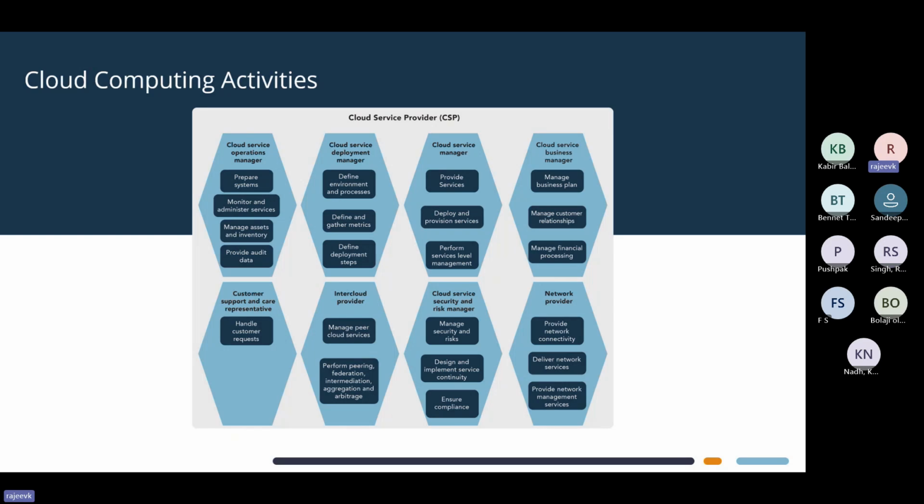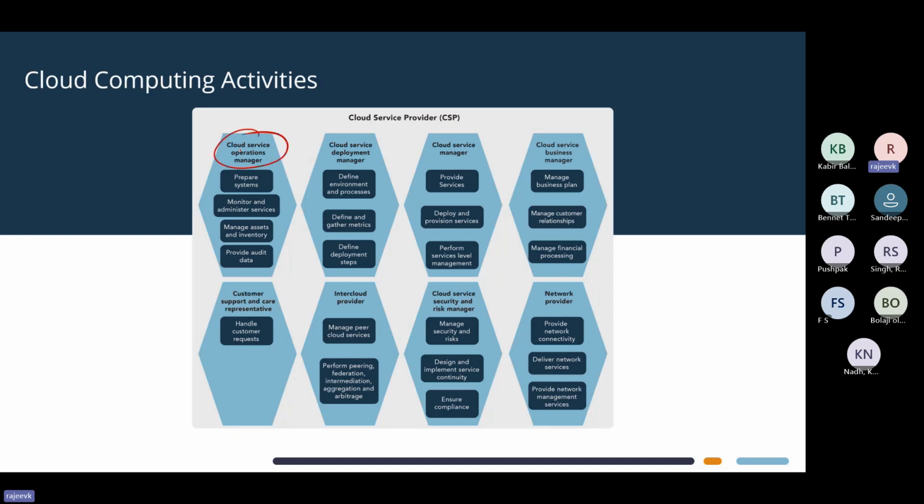So cloud service provider is very simple: it is responsible for delivering the cloud services. Within that, we have multiple sub roles, and one of them is the cloud service operations manager.